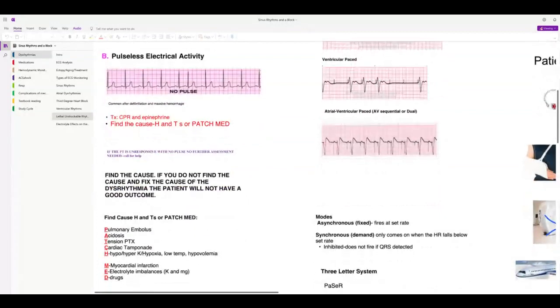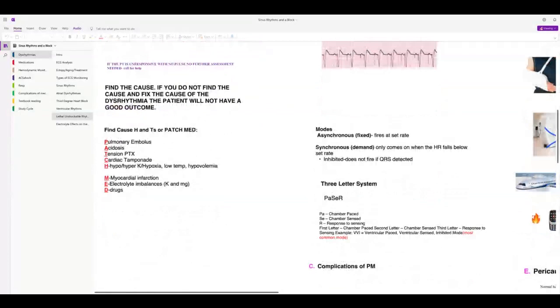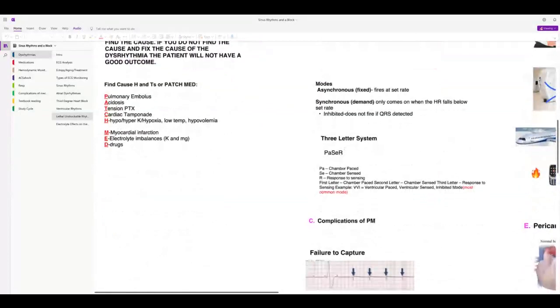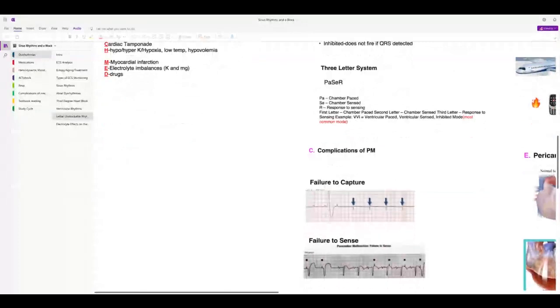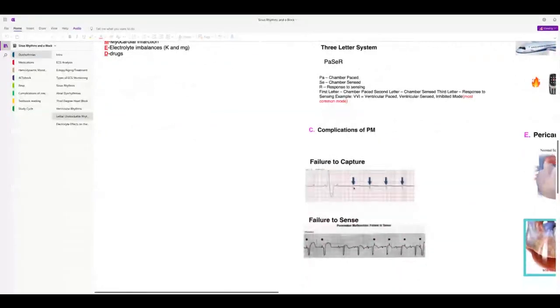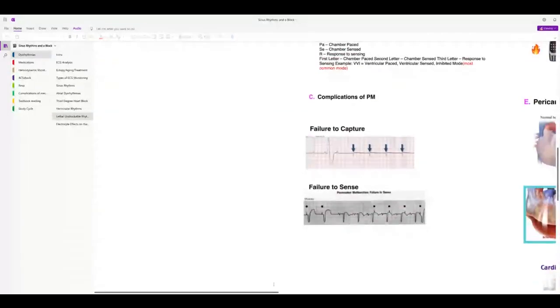You don't really need to know the three-letter system, asynchronous or synchronous. Just know failure to capture. You have a spike and then no response. That's called failure to capture, and that could be a medical emergency. So that's your patient.